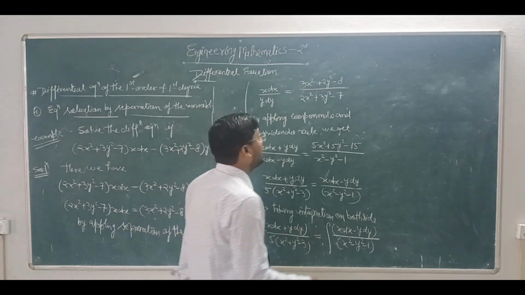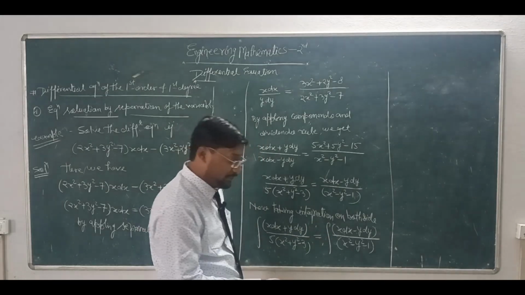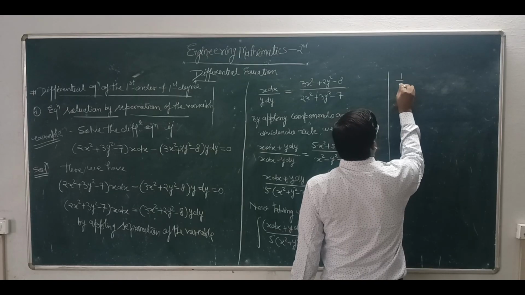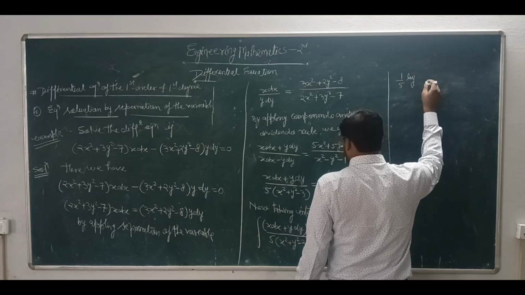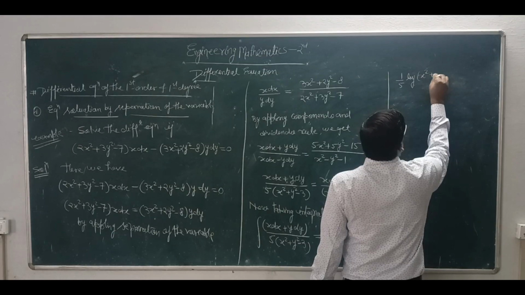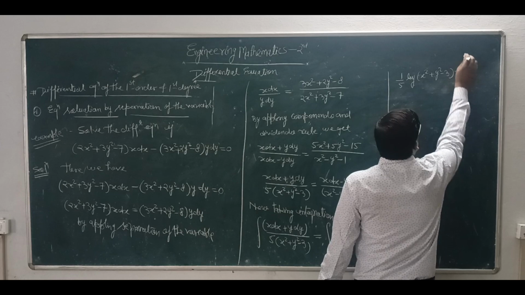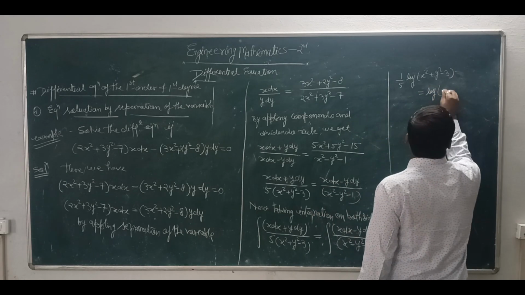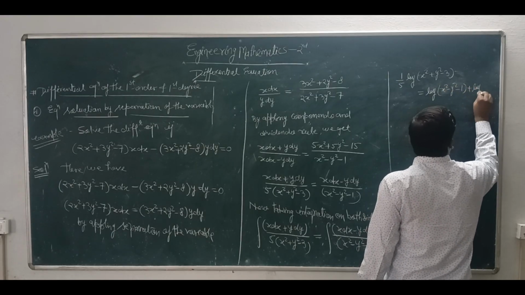Now integrate this, you can write this integral: 1 by 5 log (x square + y square - 3) is equal to log of the integration of (x square - y square - 1) plus log c.